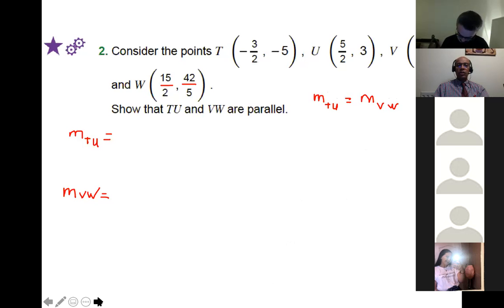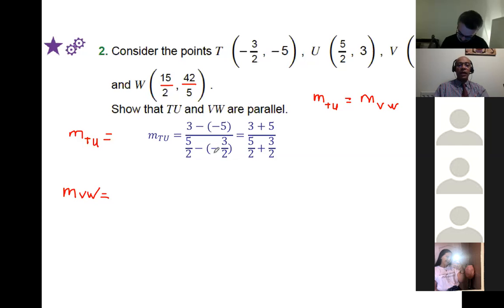So TU is MTU: 3 minus minus 5, that's 3 plus 5, 8. Divided by 5 over 2 minus 3 over 2, which is 5 over 2 plus 3 over 2. So I've got 8 over 2 at the bottom. 8 over 2 is 4. And at the top, I've got 8.